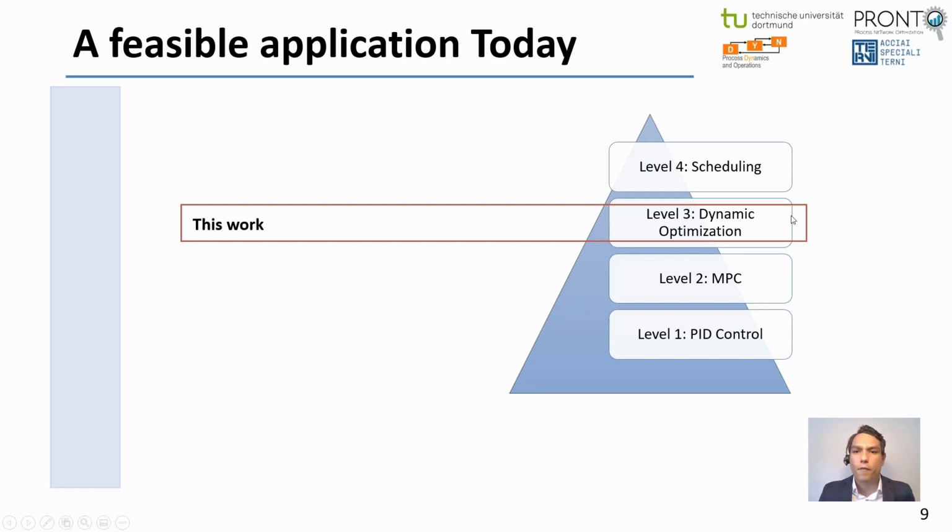Many works have focused on the scheduling layer, taking into consideration demand-side management, and many authors have focused on the MPC, trying to optimize the energy inputs for the burners and the oxygen lancing. In this work, we present a different approach that tries to optimize the efficiency of the furnace and tries to fill the gap between these two approaches.